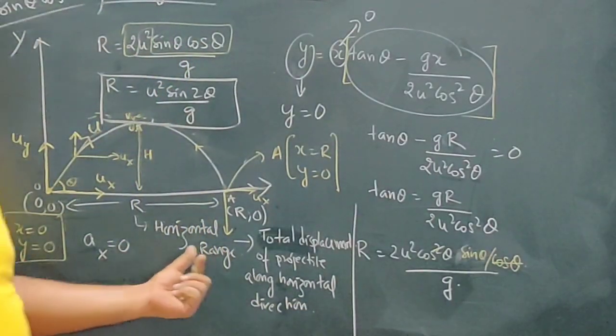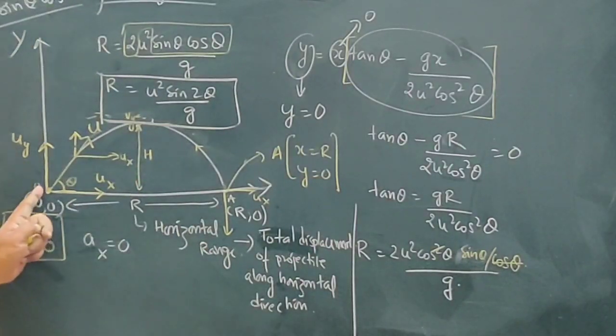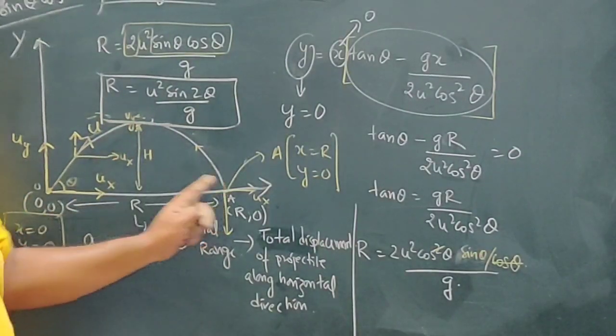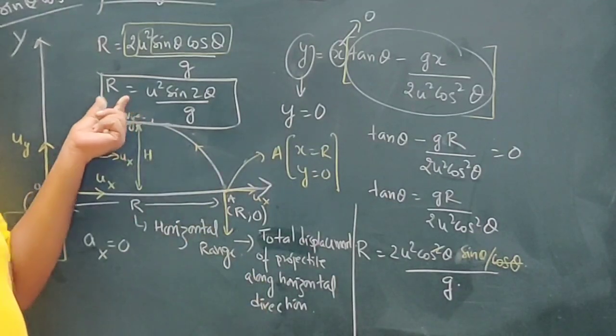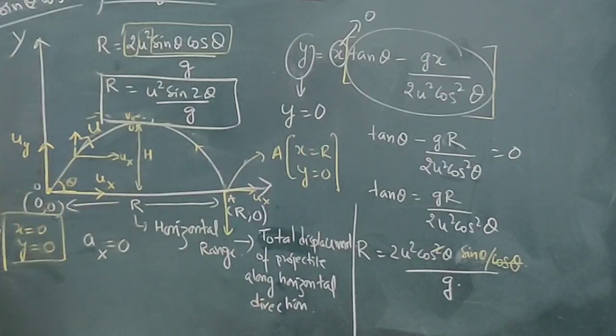So this is horizontal range. When the projectile moves from this point to this point, this horizontal displacement is the horizontal range, and the expression is u square sin 2 theta by g.